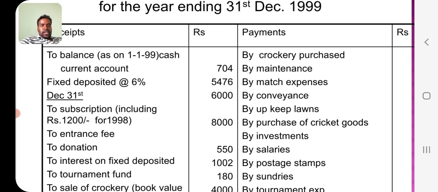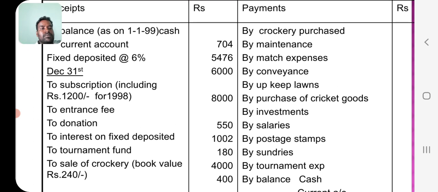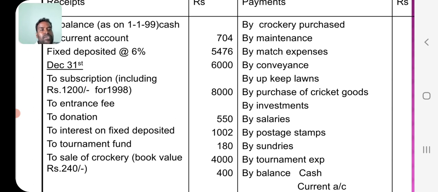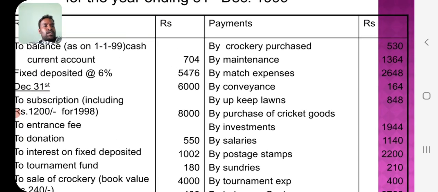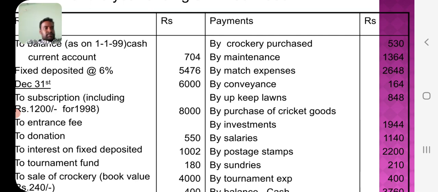December 31st: subscription including 1200 for 1998, 8000; entrance fee 550, donation 1002, interest on fixed deposit 180, tournament fund 4000, sale of crockery, book value 240, and 400. Crockery purchased 530.